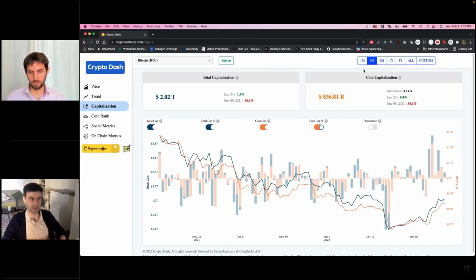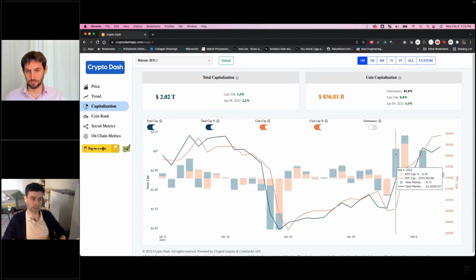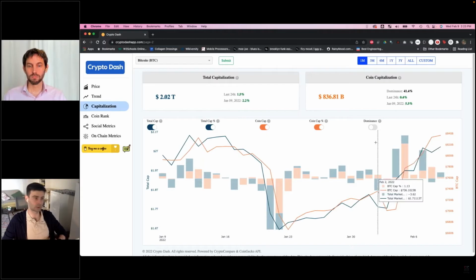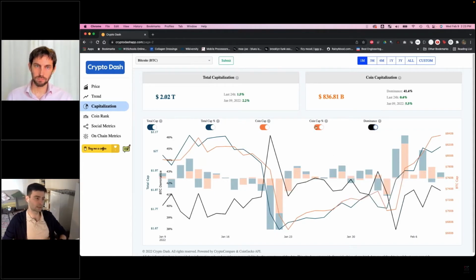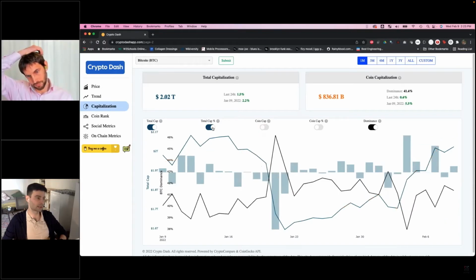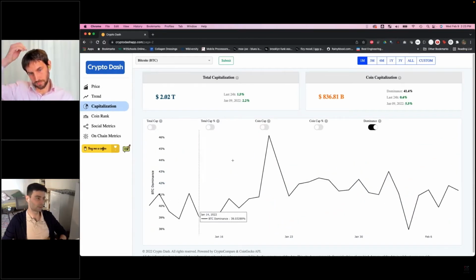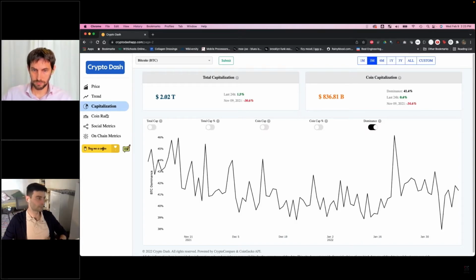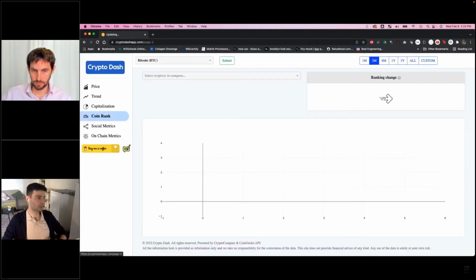So in this case, this blue line here is a high percent, but the Bitcoin is not performed as well. And in the next day, we see actually Bitcoin is catching up. So this is also a good way to try to predict the market's movement for certain cryptos. And for the dominance, we can also turn it on and see how the dominance of a crypto is evolved over time as well.